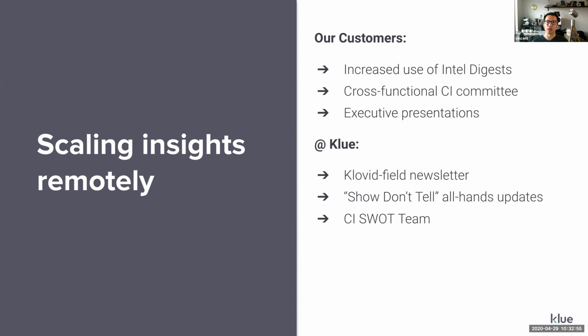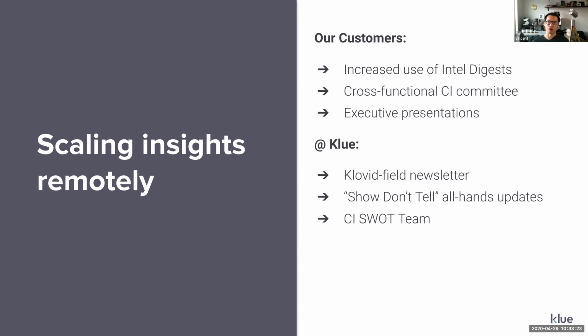CI committee is a great one. This is something that we all should think about, and we're just starting that as a company here at Clue right now, although we've been wanting to do this for a while. And it is two-pronged. First and foremost, as Katie said, it is to be an advocate for the CI work and content, so that the champions within each of the teams will be helping to remind people on their teams where competitive intel is and what the latest stuff is.